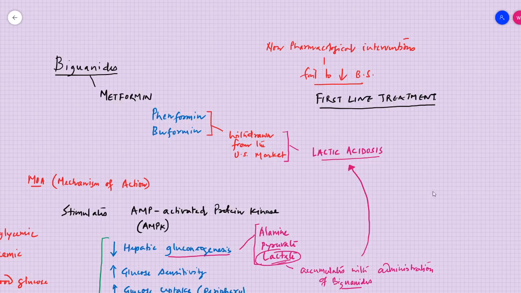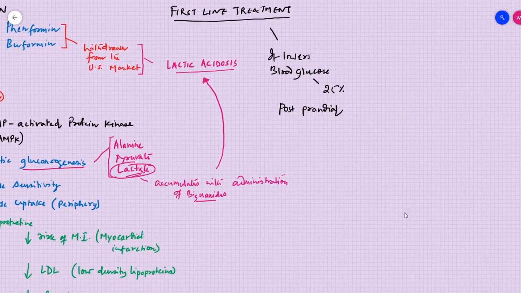It lowers blood glucose by about 25%, the postprandial glucose, meaning after food, by about 44%, and HbA1c by 1.5%.